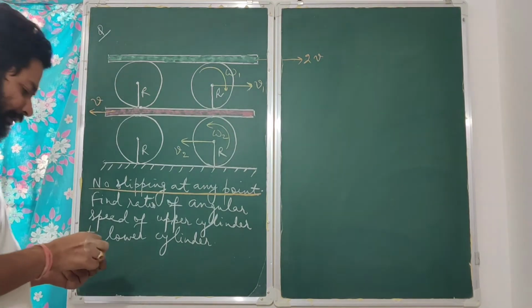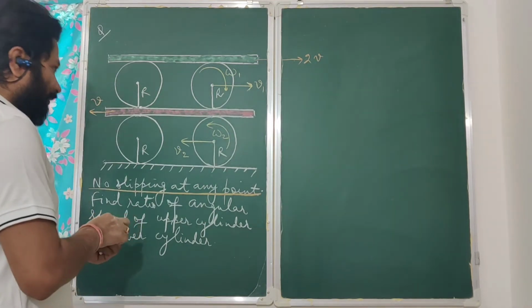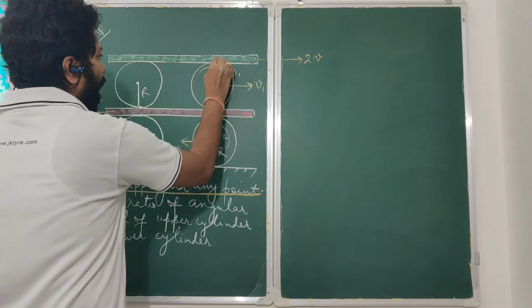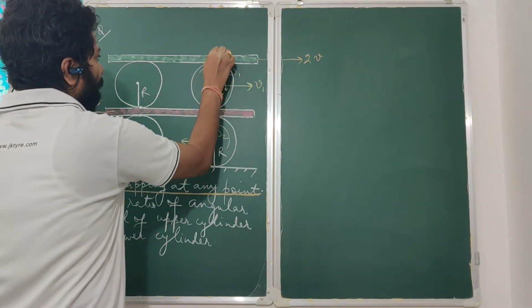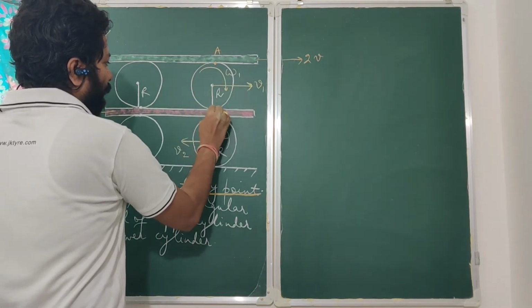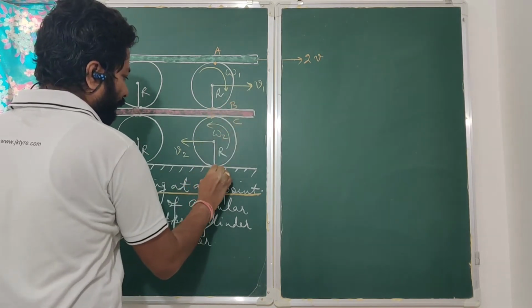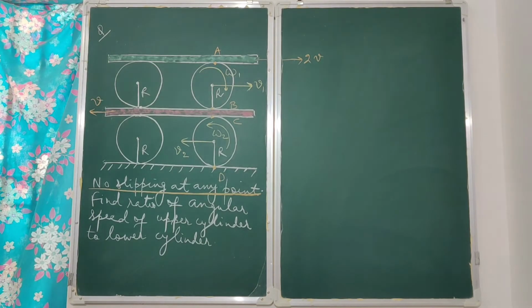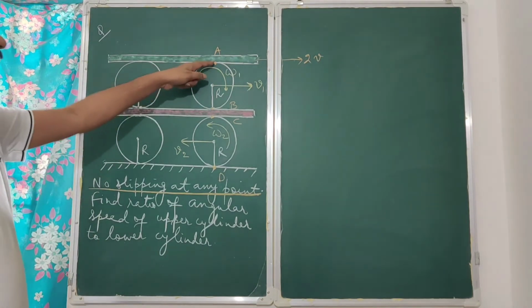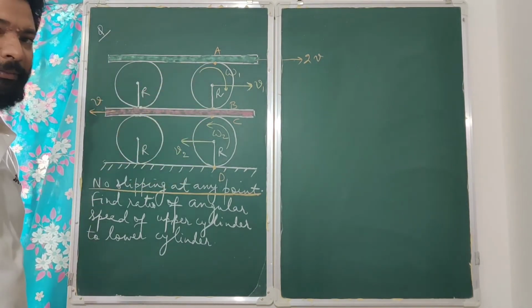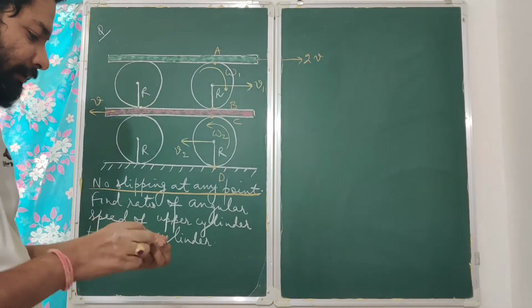And we will name the different points. Let us say this point of contact is A, this point of contact is B, this point of contact is C, and this point of contact is D. So we will analyze all the different point of contacts independently.